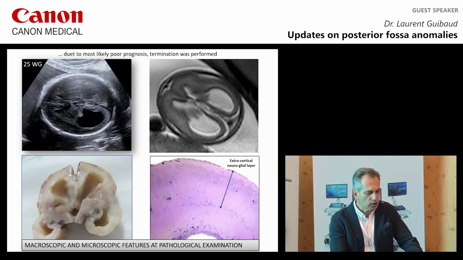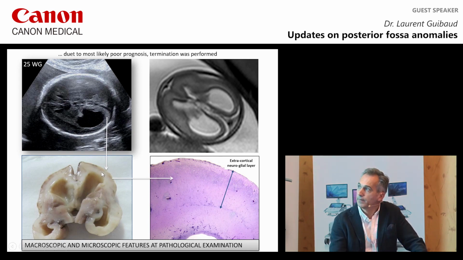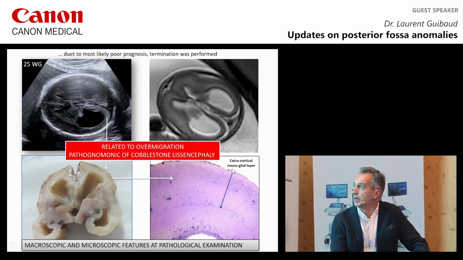The echogenic band is well visible here on the macroscopic examination, and here is the histology. This is an extracortical neuroglial layer, which is overmigration, and this is pathognomonic of cobblestone lissencephaly.